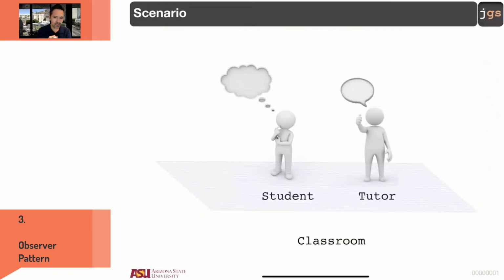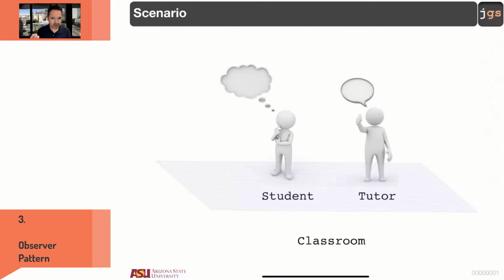And obviously the student is going to be observing the tutor, or if you want, the tutor can observe the student. Somehow one of them has information that the other needs. That is the perfect scenario for an implementation of observer. 2 classes, one needs information from the other.